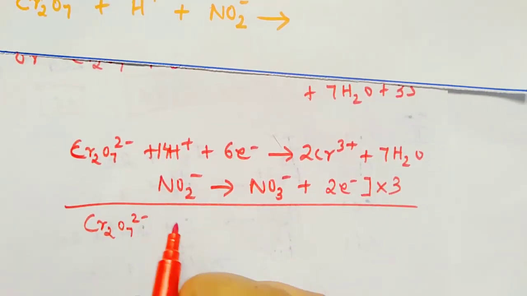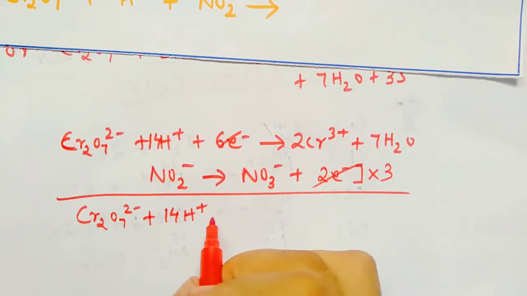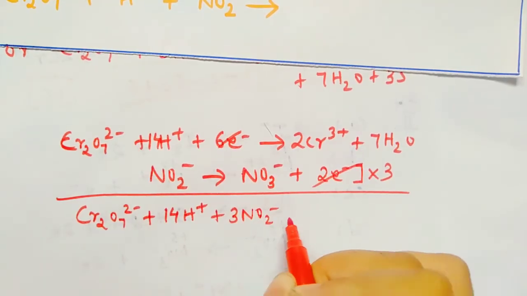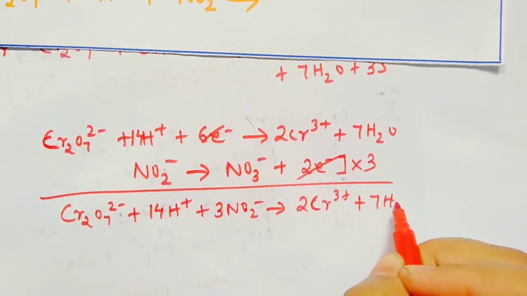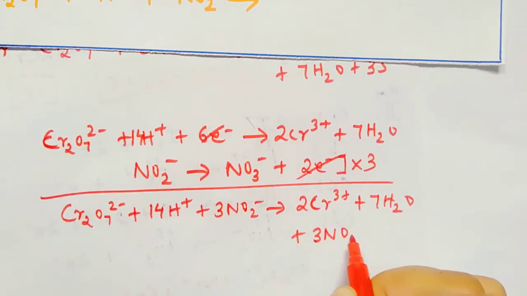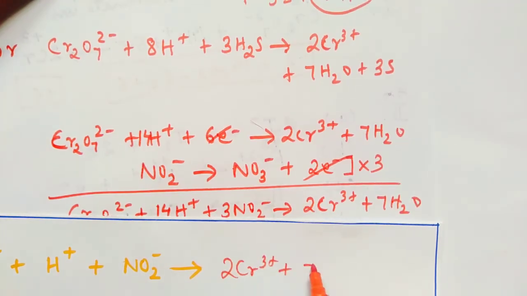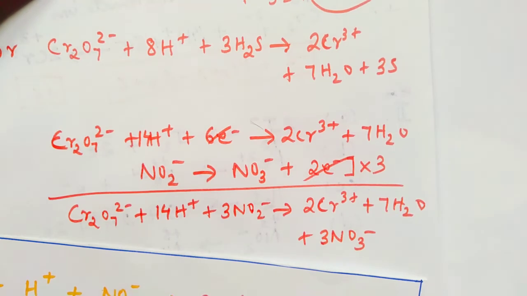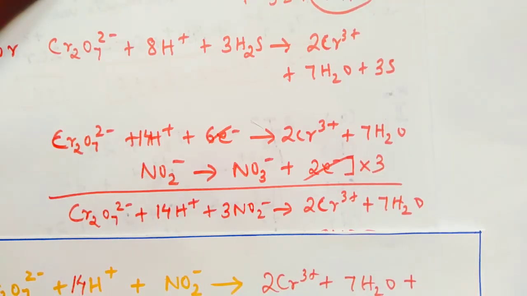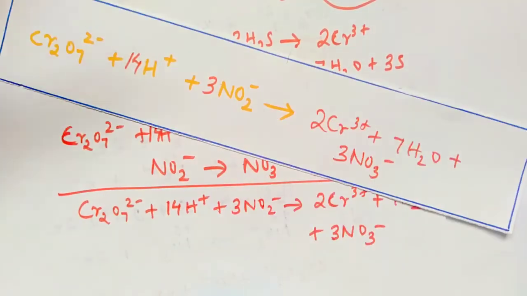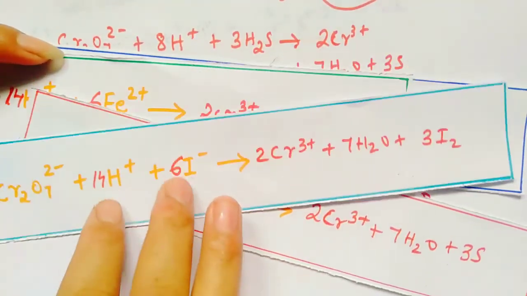We have 14H plus, the electrons get cancelled, and then we have 3NO2 minus, 2Cr3 plus, 7H2O plus 3NO3 minus. So the products are 2Cr3 plus, 7H2O plus 3NO3 minus, and here we have 14, 3. So this is how we complete these chemical reactions using those two helpful tricks.